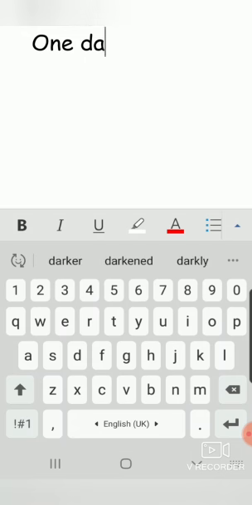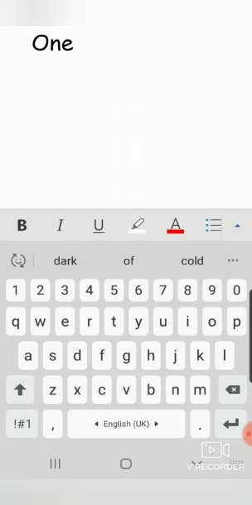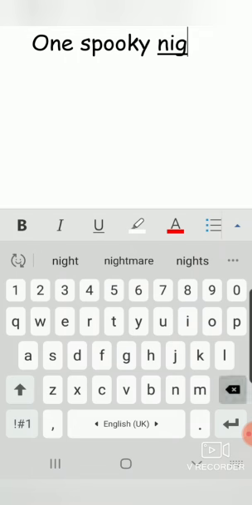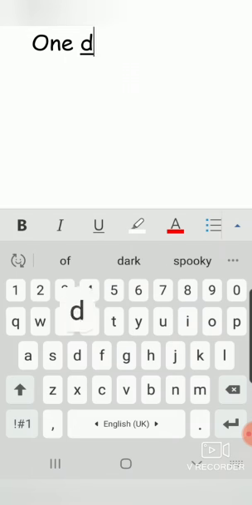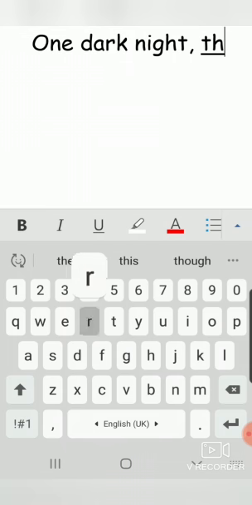We could have one cold night. You could also use one spooky night. I'm going to use one dark night. What will you use?